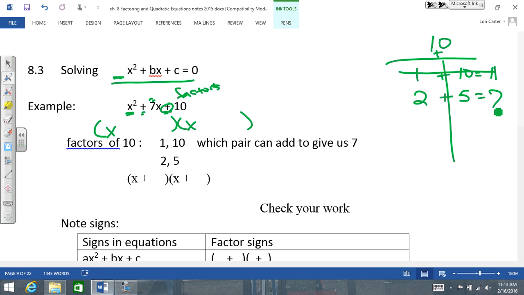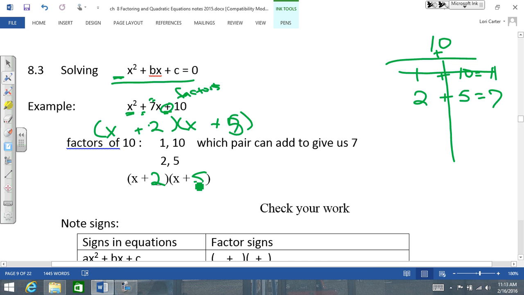Now my 7 has to be positive. Is a positive 2 and a positive 5 a positive 7? Yes. Is a positive 2 and a positive 5 a positive 10? Yes. So I just put in plus 2 plus 5. This is 2 and 5, because those are the factors that work.